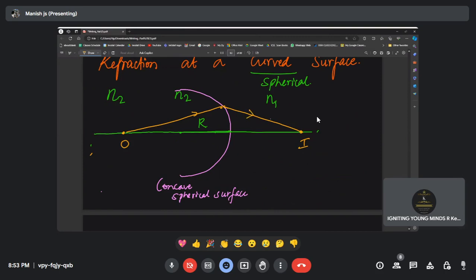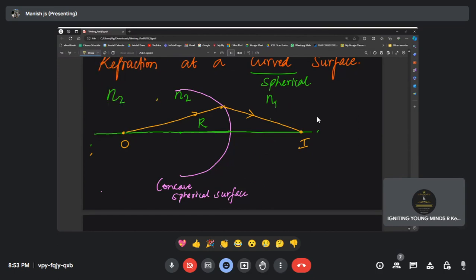Based on this we are going to write down the relationship. There is a formula that we can build for light rays traveling from medium N2 towards N1, between the interface of a concave spherical surface. Let us see how to write the expression.